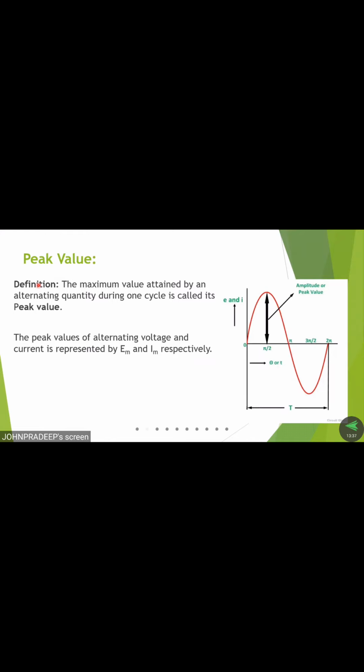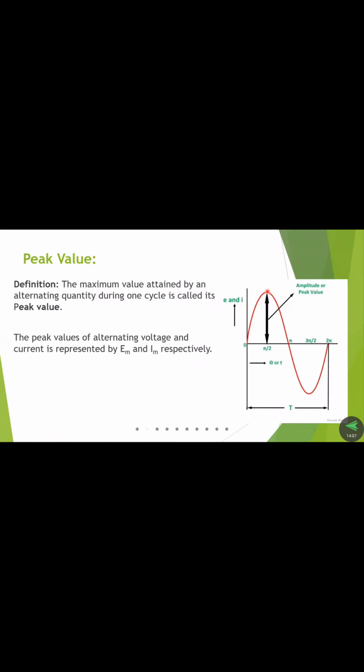Definition of peak value: the maximum value attained by an alternating quantity during one half cycle is called the peak value. Here we consider one positive half cycle, and the highest value is called the peak value, also amplitude or maximum value.